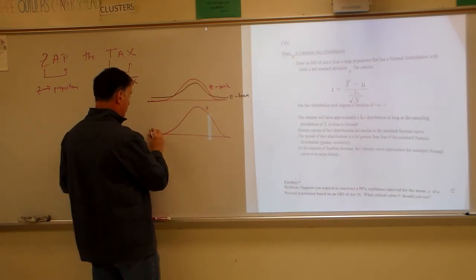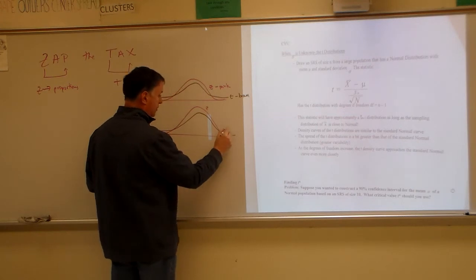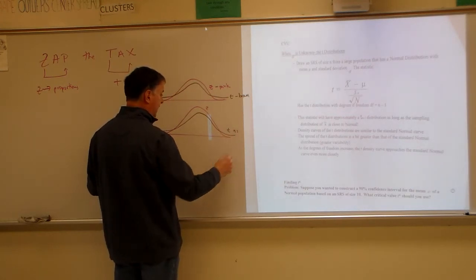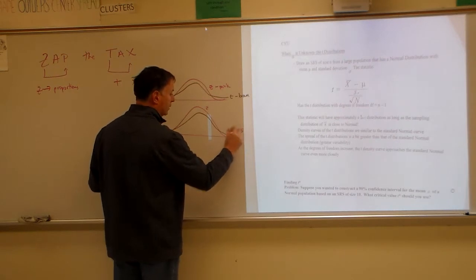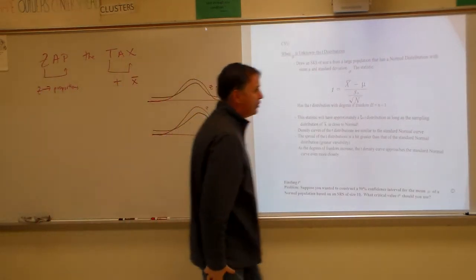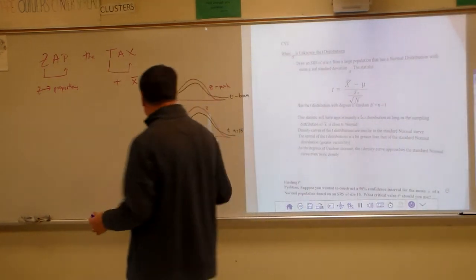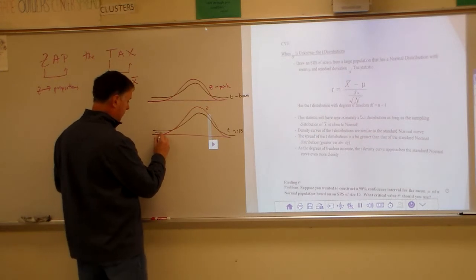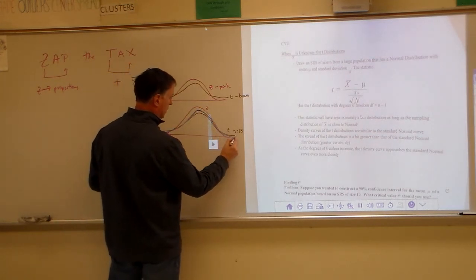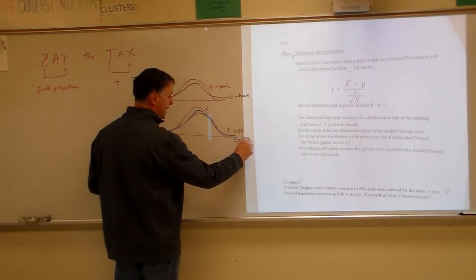Now the brown one is going to be a T distribution with n equal to, we'll say, 15, okay? And then I'm going to do another distribution, and this one is going to be another T distribution. This one is a T distribution with n equal to 28.